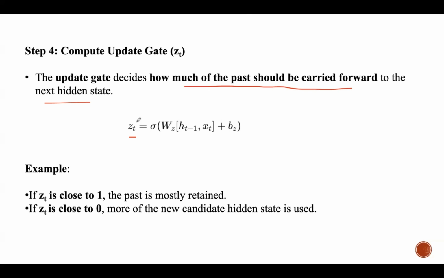And this value ranges from 0 to 1 because of the sigmoid activation function, which determines how much of the previous hidden state should be kept in the current state. The sigmoid function ensures the output remains between 0 and 1. And this is a concatenation of ht minus 1 and xt, the previous hidden state and the current input. So both of them are merged into a single vector.